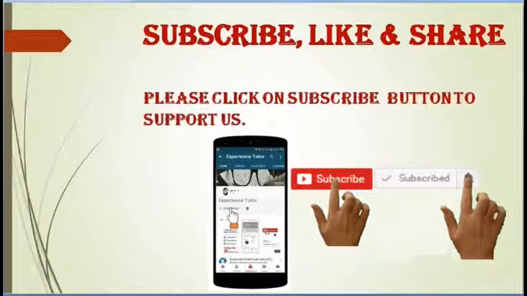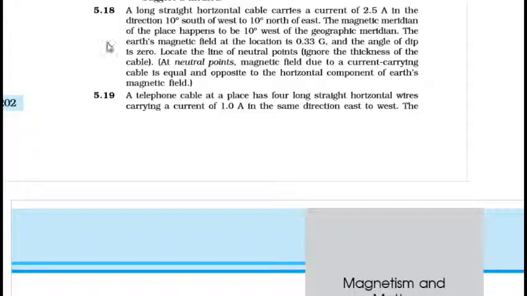Let us begin today's class. So today we'll start with question number 5.18. A long straight horizontal cable carries a current of 2.5 ampere in the direction 10 degrees south of west to 10 degrees north of east.